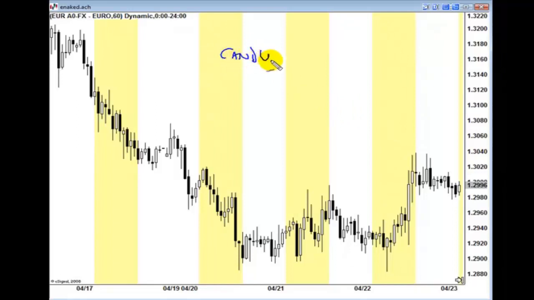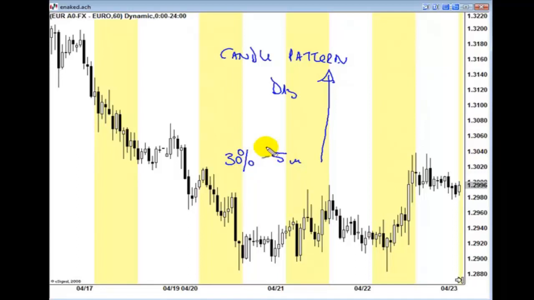Now, as a general rule, in terms of the probability of candle patterns being accurate, from 5-minute charts up to, let's say, day charts, the accuracy of candle patterns increases. In other words, on a 5-minute chart, let's say, for example, they are accurate 30% of the time. And that figure's just a total thumbsuck. But let's say on a 5-minute chart, candles are accurate 30% of the time.